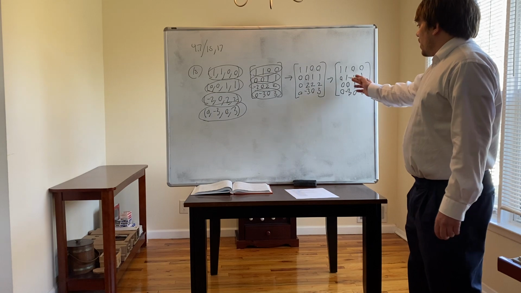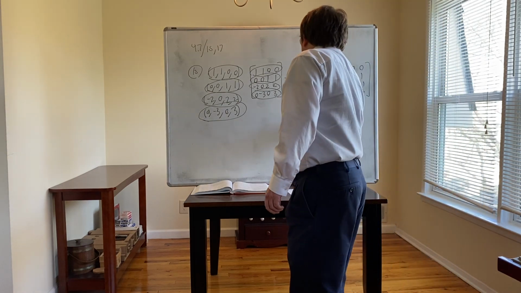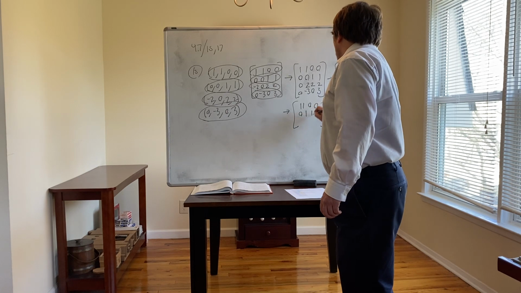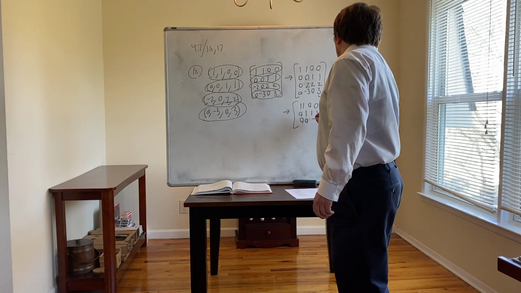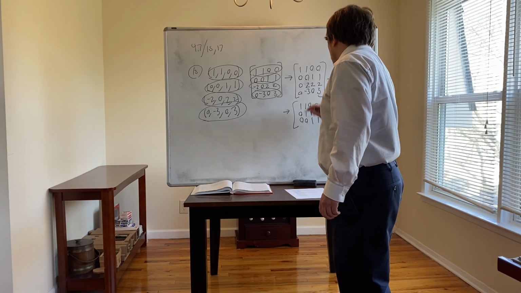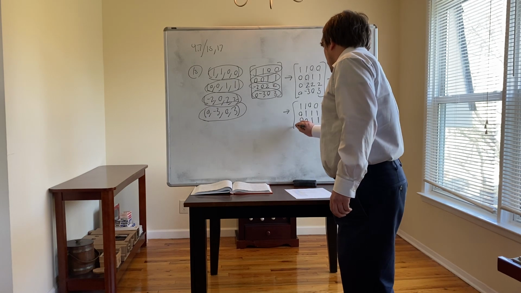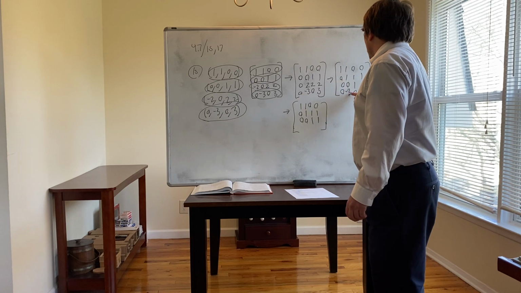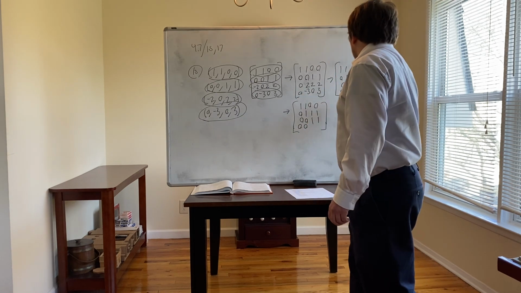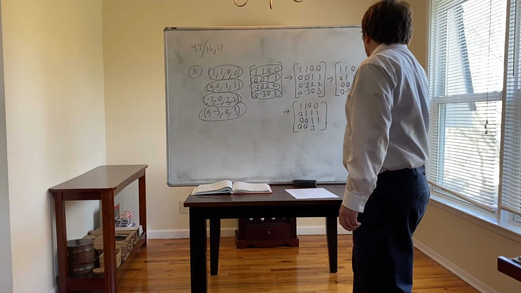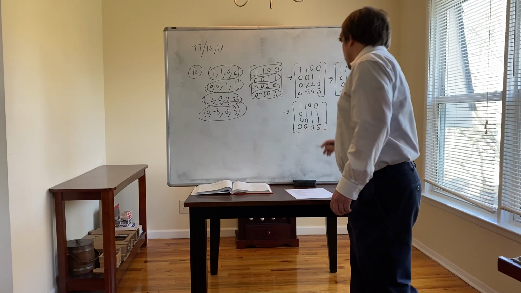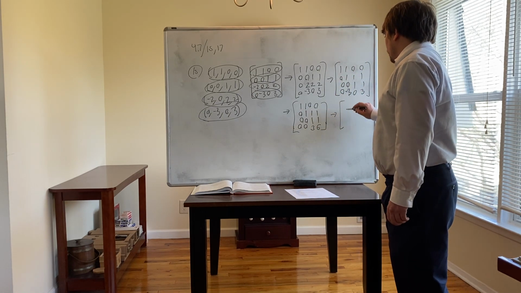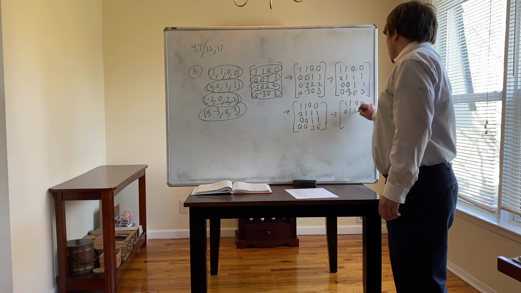And then I'm just going to take 3 times this row and add it to that row. And so we get 1, 1, 0, 0, 0, 1, 1, 1, 0, 0, 1, 1. And then the last row, I'm going to get 3 times this row added to this one. I'm going to get 0, 0, 3, 6. And then I'm going to take -3 times this row and add to that row.